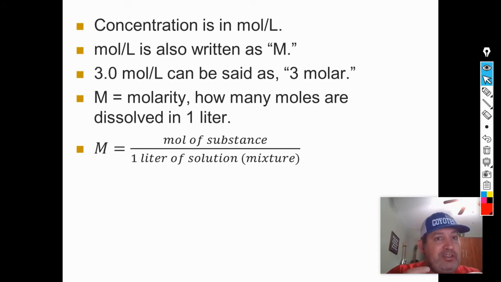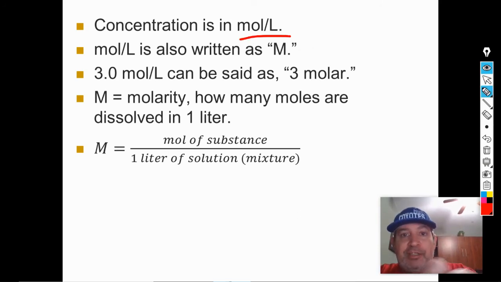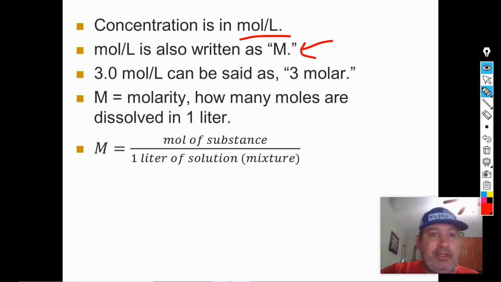It's kind of like density in a way, but we're looking at moles per liter instead of grams per milliliter or grams per centimeter. So moles per liter is also written as just simply a capital M. So you don't have to write that. You can just write a capital M, and chemists know that means moles per liter.